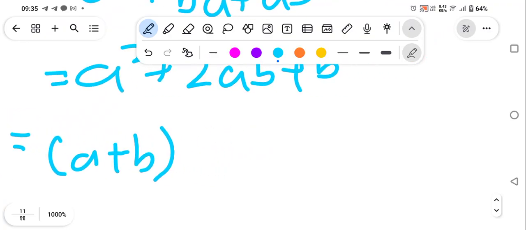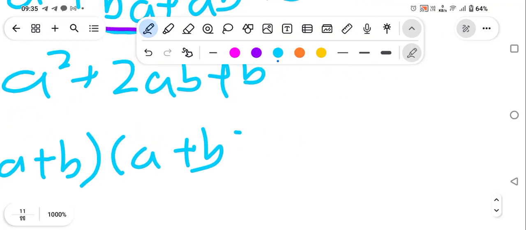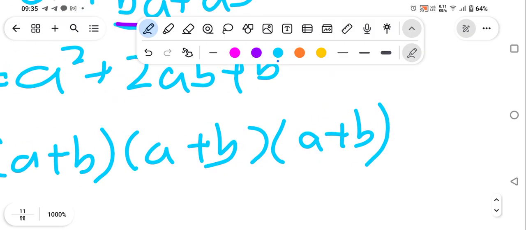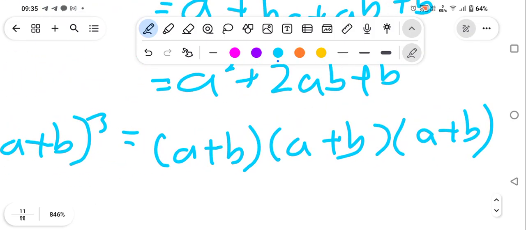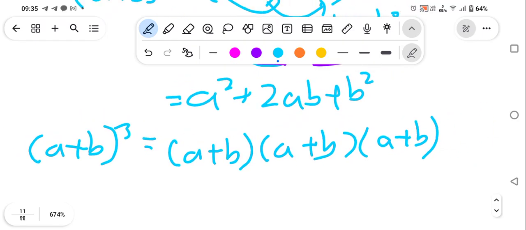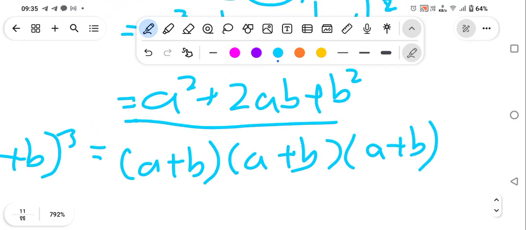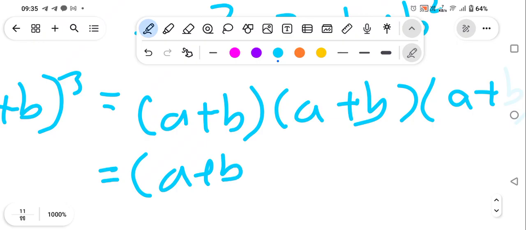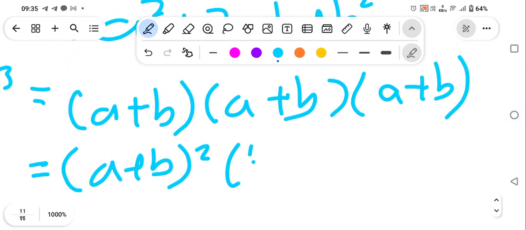So now the same thing, but now I'm going to multiply everything by 3 times. I'm just going to copy this thing because this is like a plus b squared, right? So we have a plus b squared multiplied by a plus b.